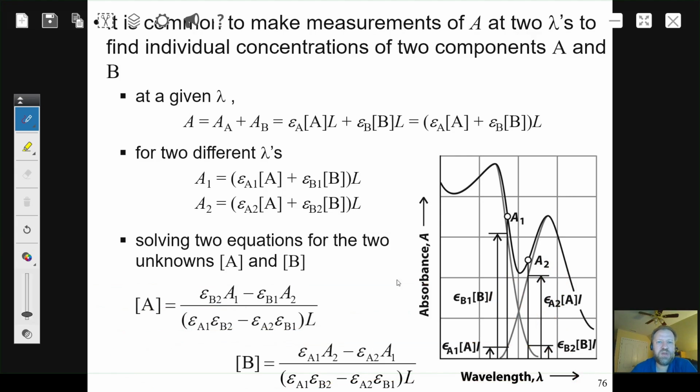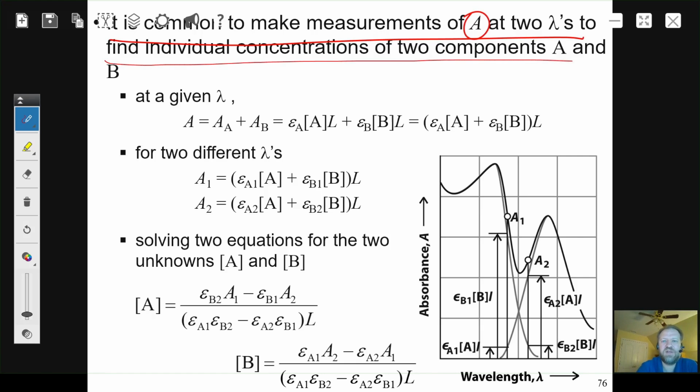Now, it is common to make measurements of absorbances at at least two wavelengths, to find individual concentrations of two components, A and B, in your reaction mixture. Now, this is where we are running out of symbols for our notation, so keep an eye on the font.